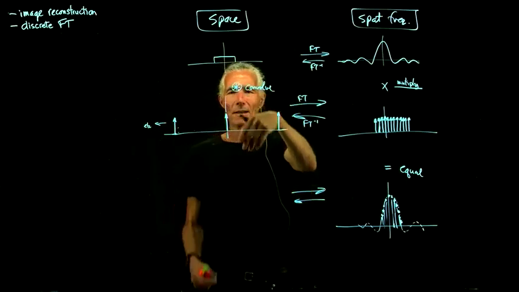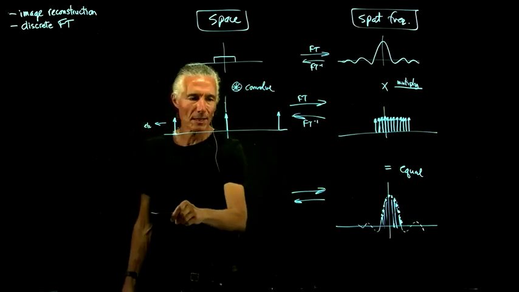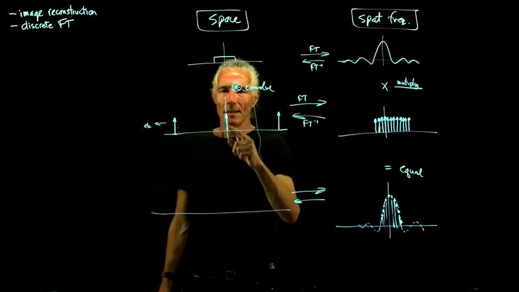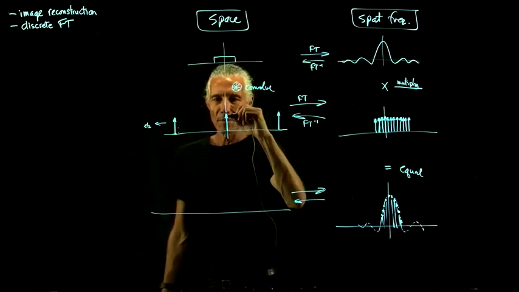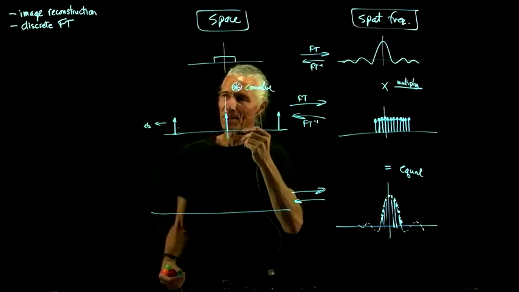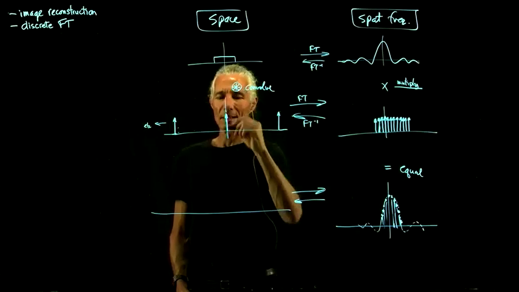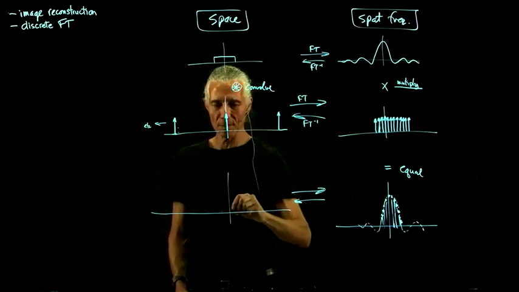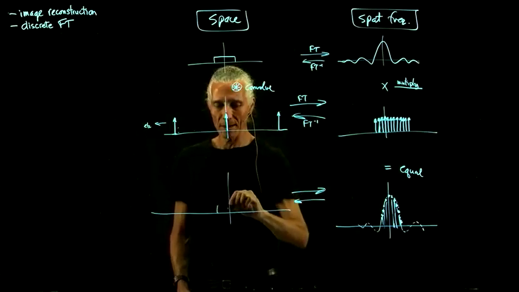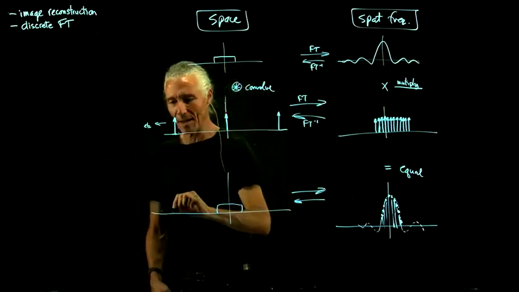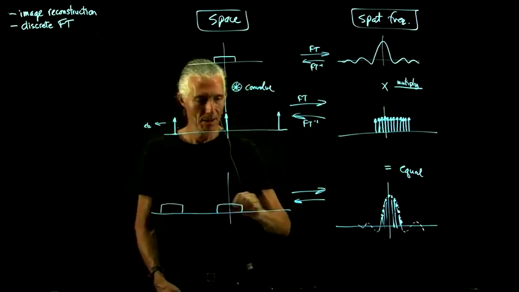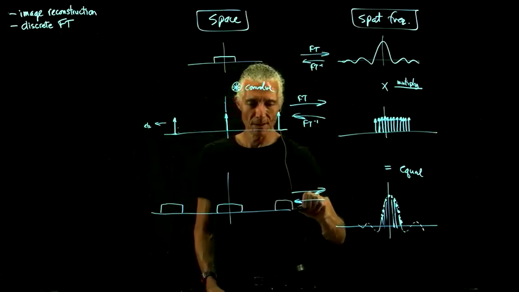Since this is a very simple thing, remember convolution is pretty much like correlation. So basically you'll just make another copy wherever there's a spike. You make a copy here, and you make a copy over here. So these are the replicas.